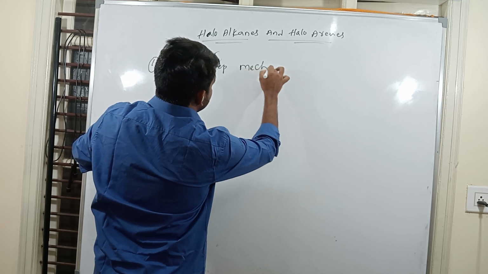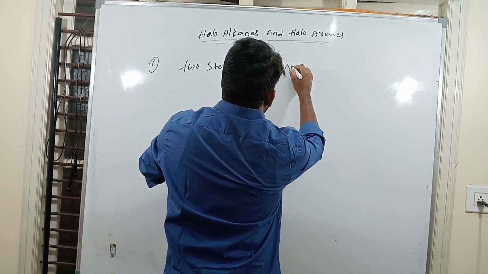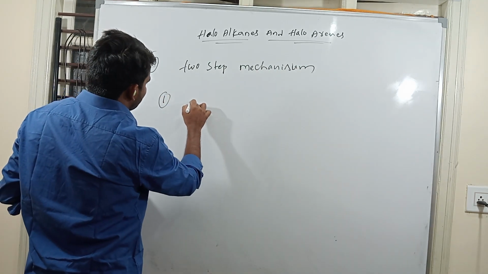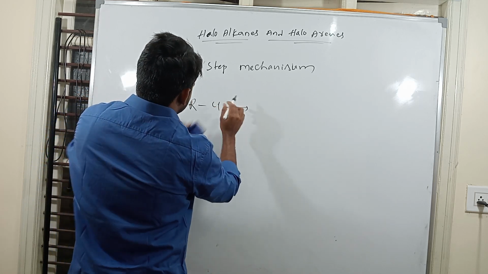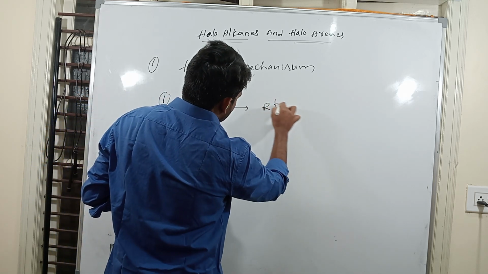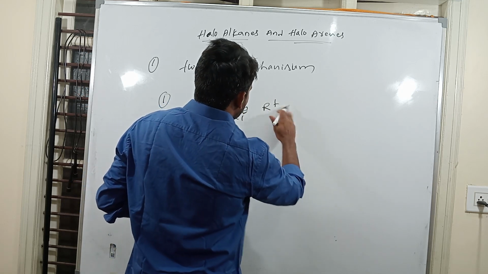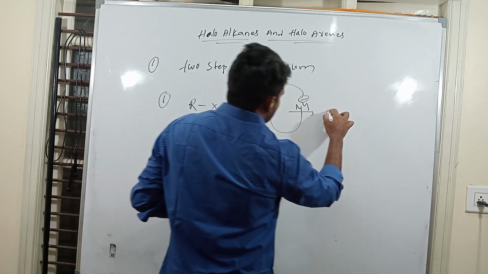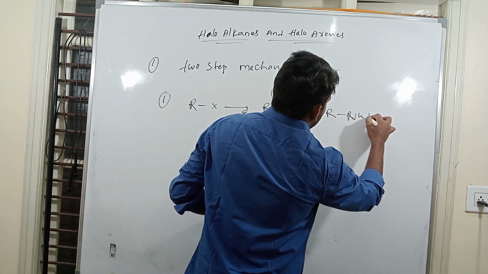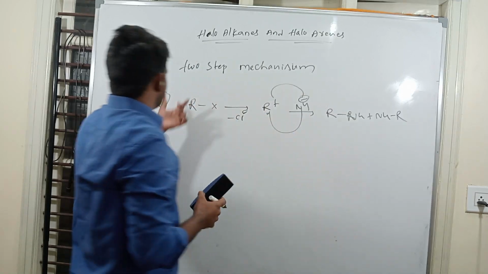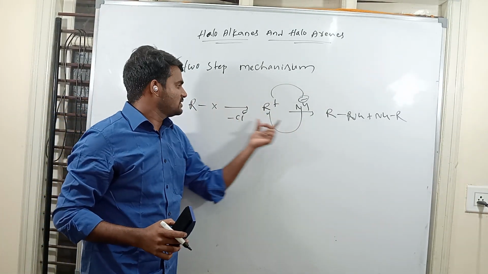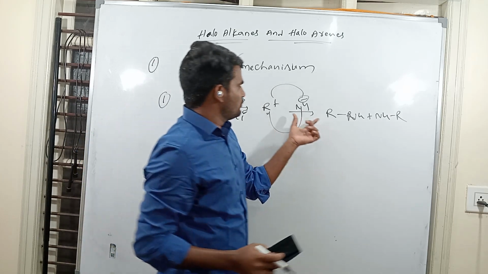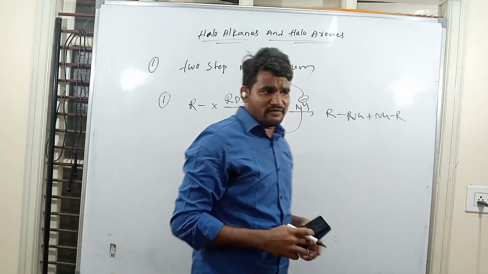The first step is carbocation formation from the alkyl halide, and this is the rate determining step. The second step is nucleophilic attack on both sides to form retention and inversion products.